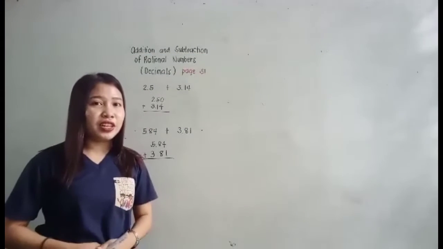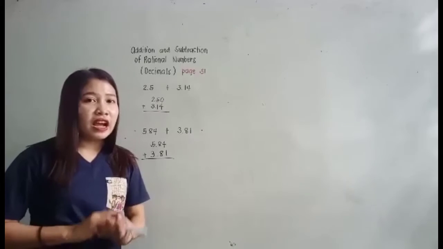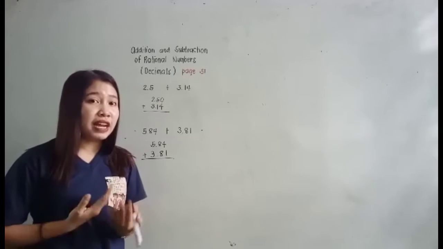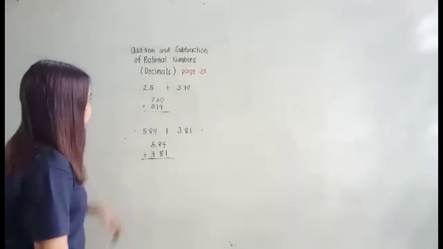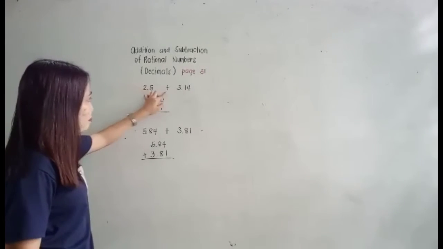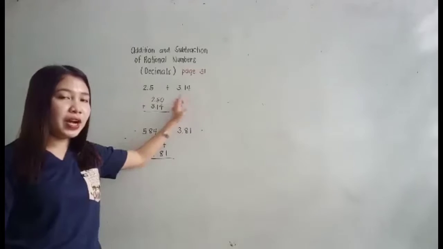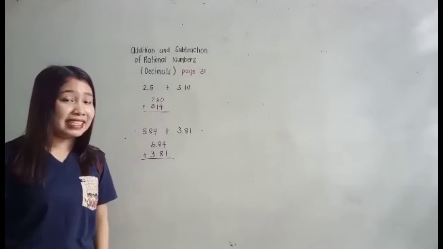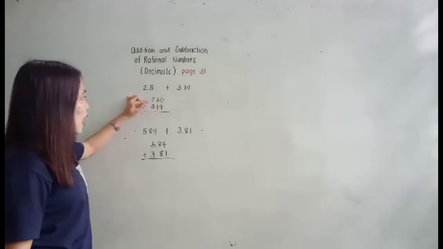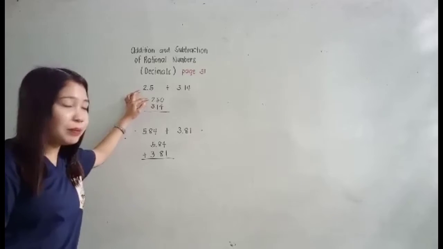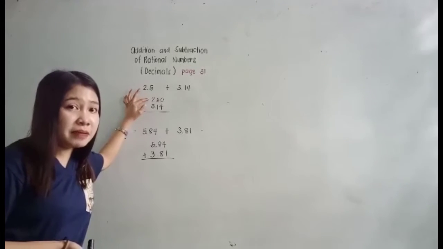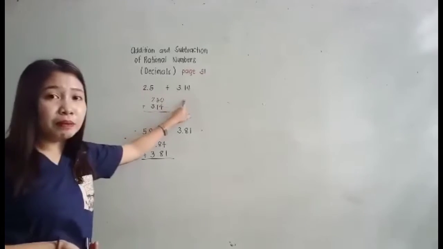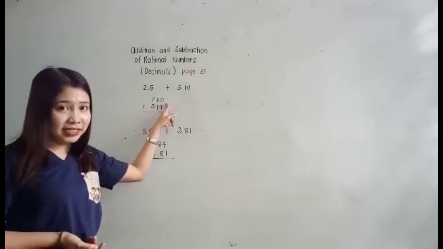Tayo in addition and subtraction of rational numbers, yung mga decimal naman. Okay, so the given examples are 2.5 plus 3.14. So, ang gagawin natin ay i-a-add natin sila. So, kung ang unang number ay hindi katulad ng decimal places nung pangalawang number, mag-a-add tayo ng 0.